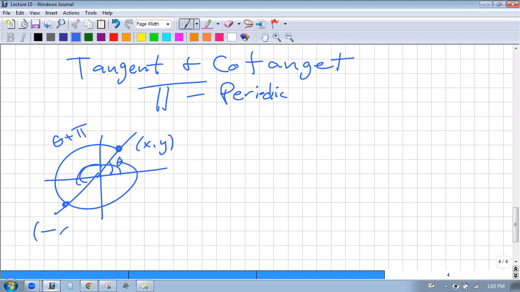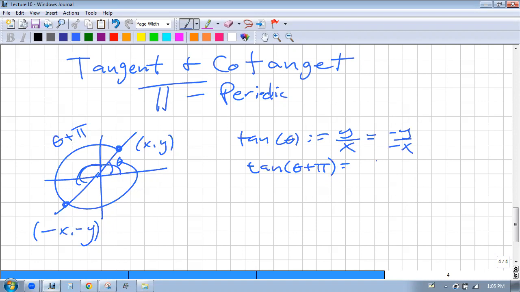This coordinate is negative x, negative y. Well, tangent, by definition, was the ratio of y to x. That's the same thing as negative y over negative x. You see that tangent of that is negative y over negative x, which is the same thing as y over x. So because tangent and cotangent have x and y in them, you only have to go halfway around the circle before they repeat themselves. That's why.